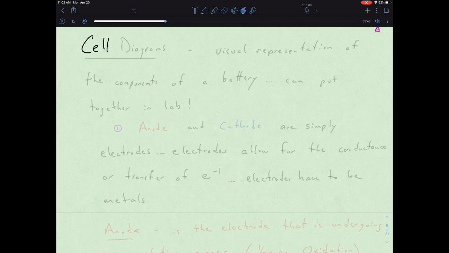Now let's look at cell diagrams. Cell diagrams are basically a visual representation of the components of a battery.